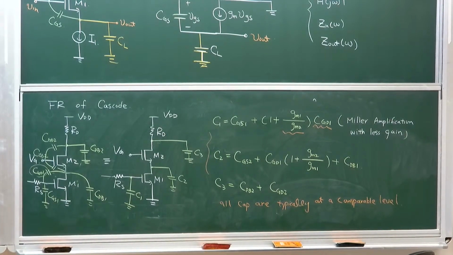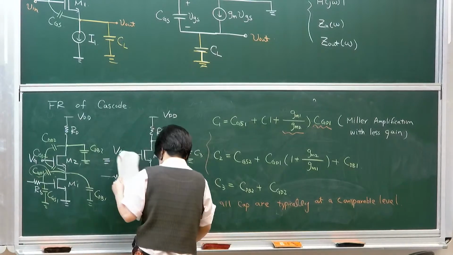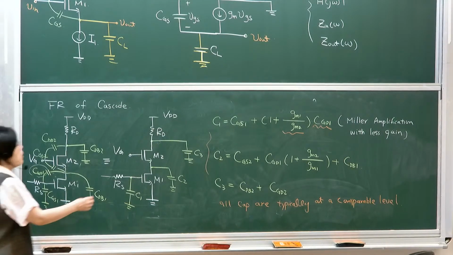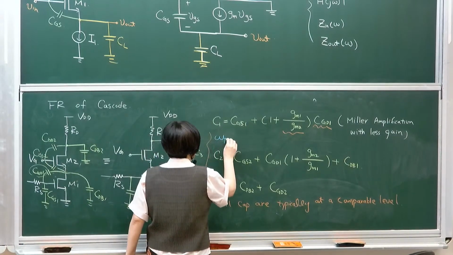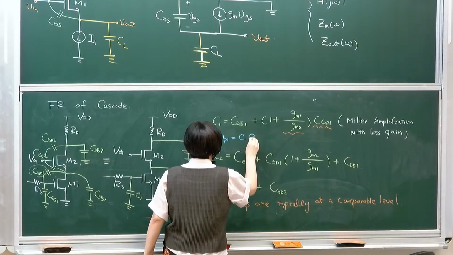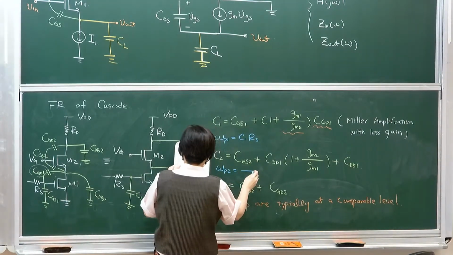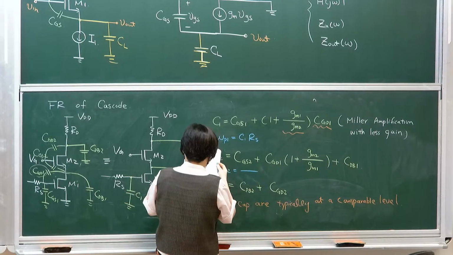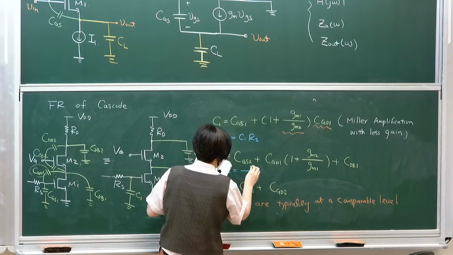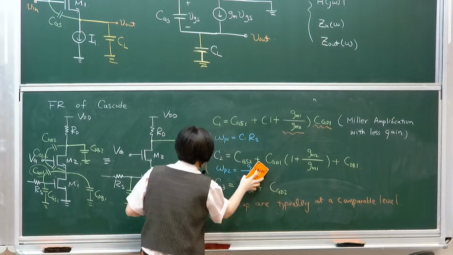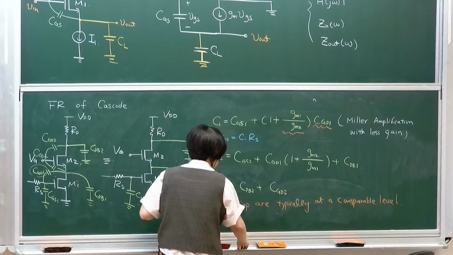So for the input terminal, let me write down the poles before I let you go. There should be 3 poles because there are 3 nodes. So omega P1 will be 1 over C1 RS. Omega P2 will be dominated by gm2. It's probably too crowded, let me move it to the back.